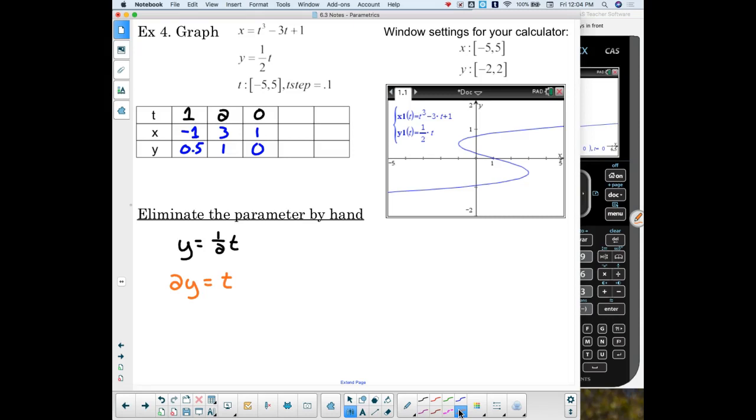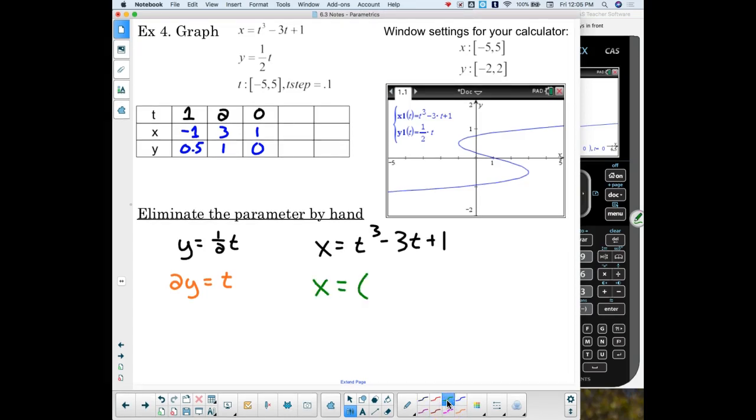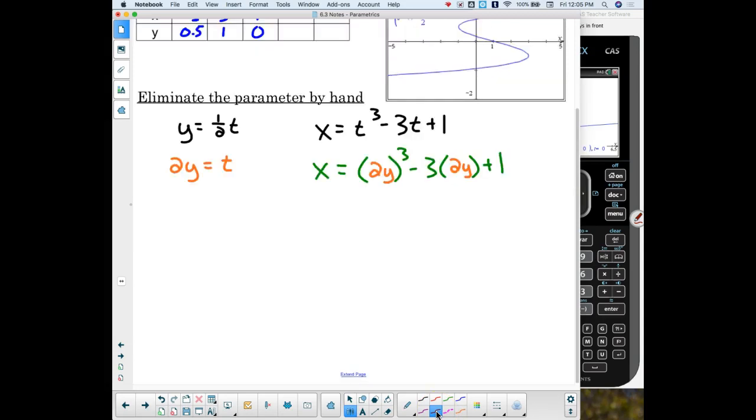Then I'm going to take my x value, x equals t cubed minus 3t plus 1, and I'm going to substitute in 2y in place of t. And that gives me x here equals 8y cubed minus 6y plus 1.